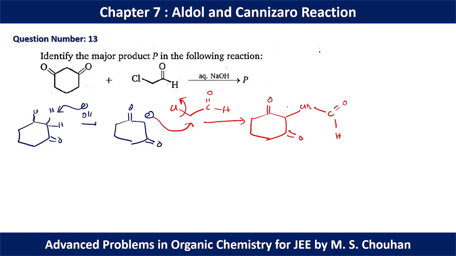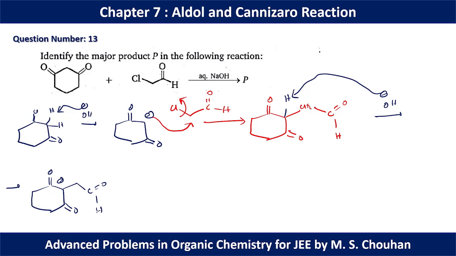Now another acidic hydrogen is present, so if we use OH minus, this acidic hydrogen can be abstracted. So in this case we can have a situation like this, C=H.